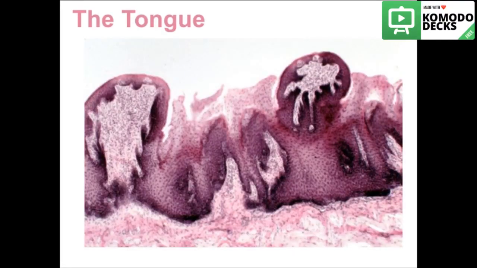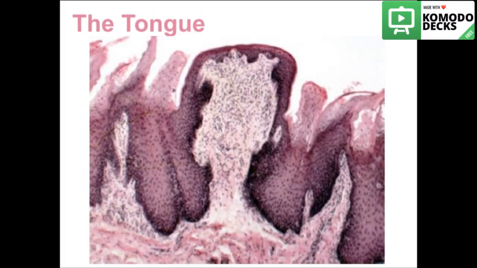This is a section of the dorsum of the tongue showing fungiform papillae with taste buds that could be found on the surface, and foliate papillae. This section of the epithelium is non-keratinized. A magnified section of a foliate papilla in a non-keratinized section.